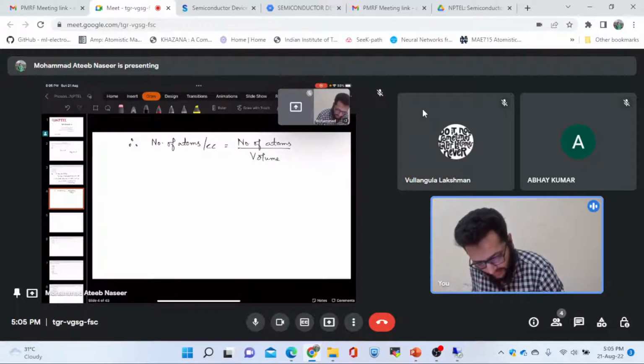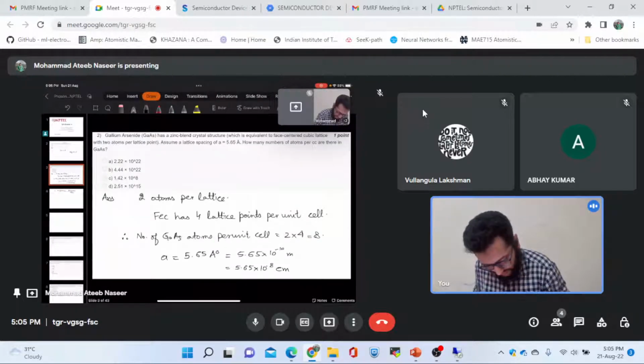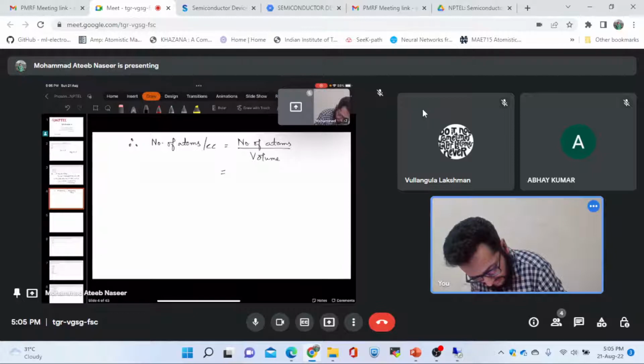Here the number of atoms is 8, and the lattice constant is 5.65. So it is 8 divided by (5.65 into 10 raised to the power minus 8) cubed.